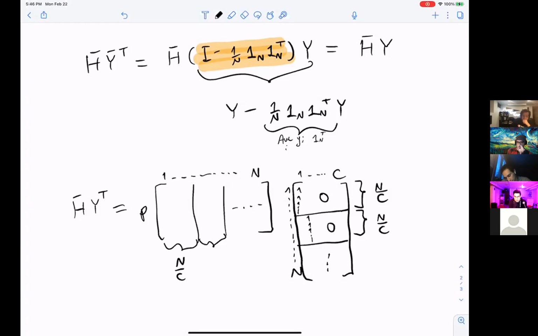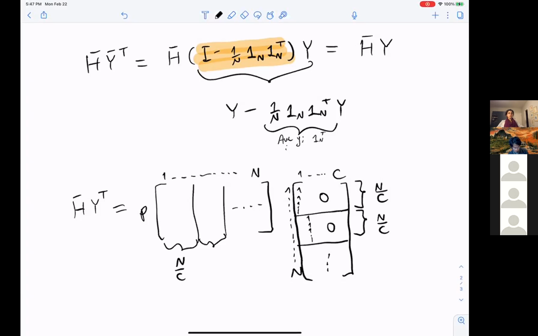Does everyone see this? Is this clear? Yes. And so basically we've rearranged the one-hot vectors so that all the one-hot vectors corresponding to the first class appear first, then all the one-hot vectors corresponding to the second class, and so forth, right?